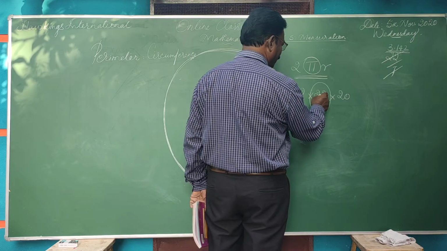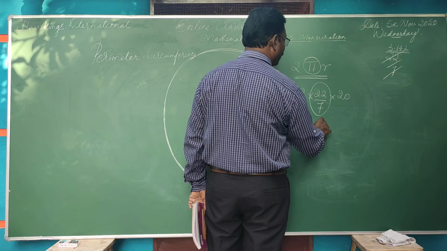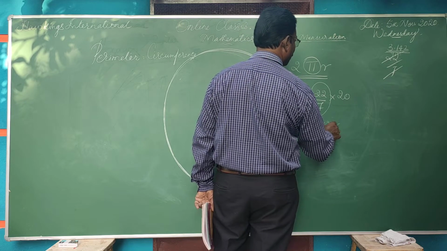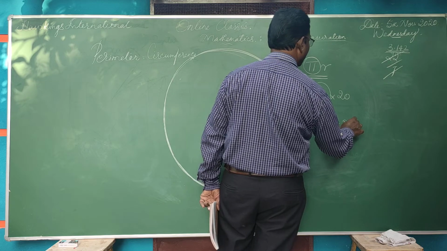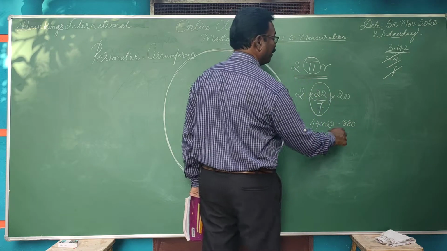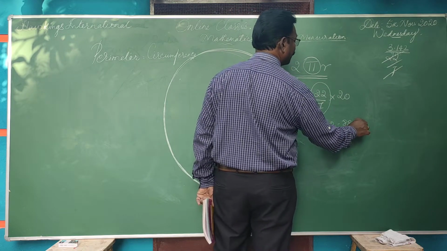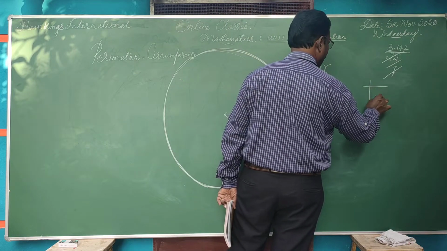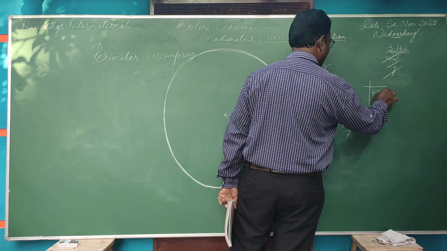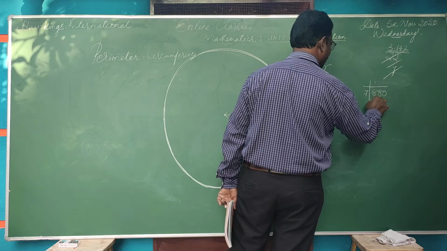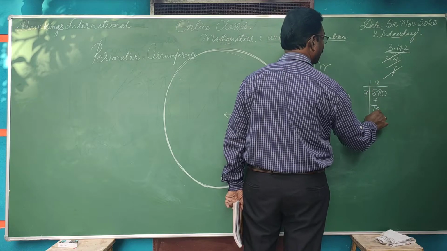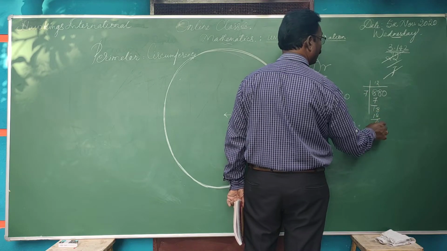22 2s are 44 into 20 is equal to 880 divided by 7. So 880 divided by 7. 1 7 is 7, remaining 1, 18. 2 7s are 14, remaining 4.